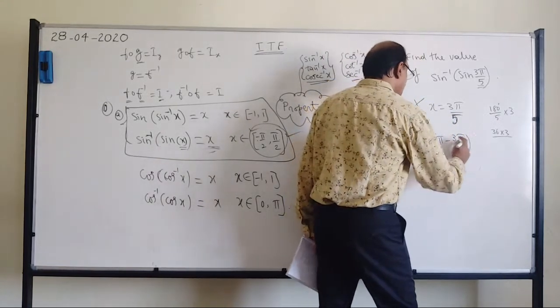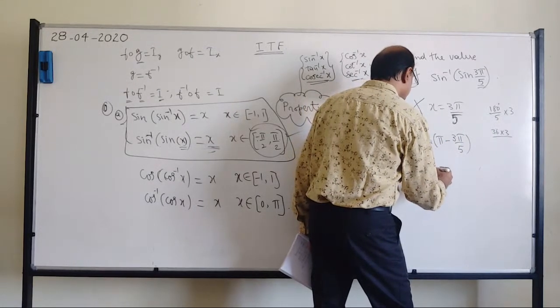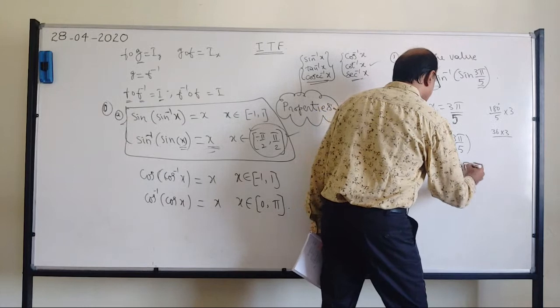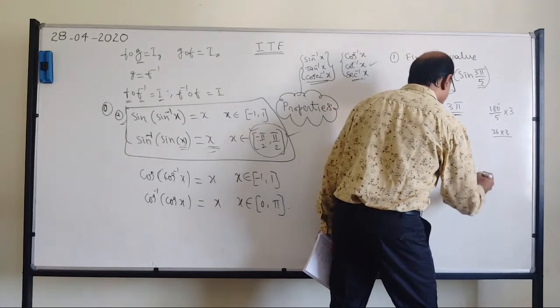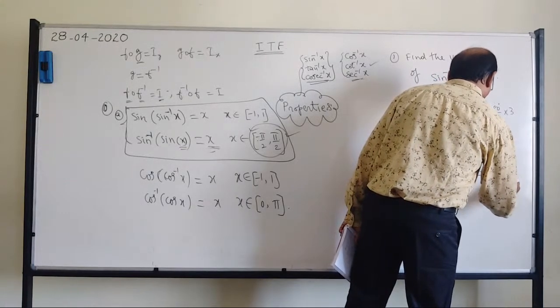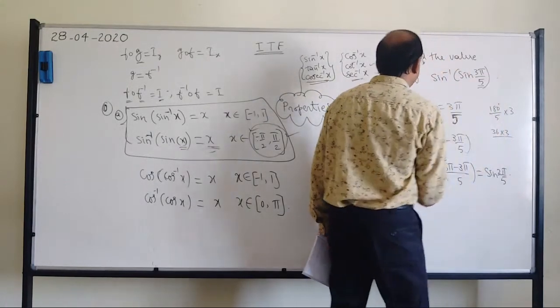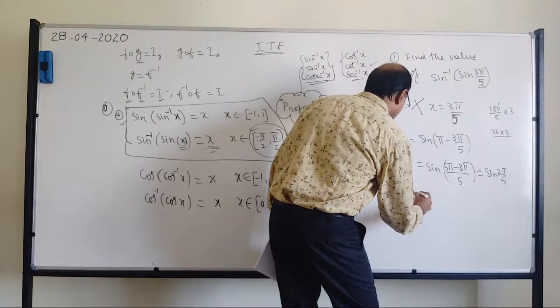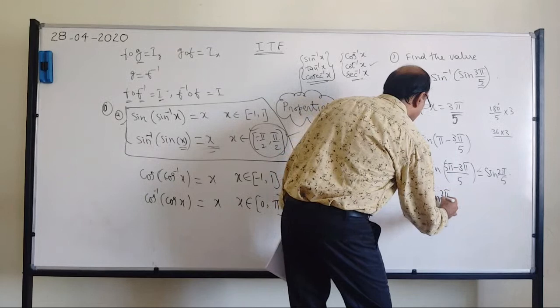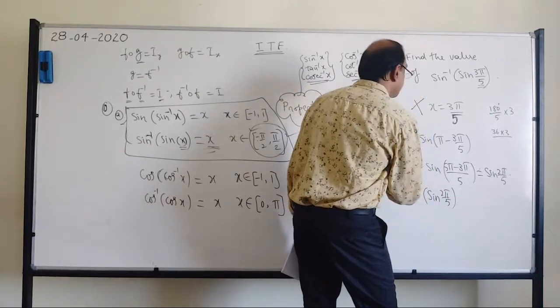Now if you simplify this, what do you get? 5 pi minus 3 pi, divided by 5. So that is sine 2 pi by 5. So in place of sine 3 pi by 5, you put sine 2 pi by 5, because both are the same.